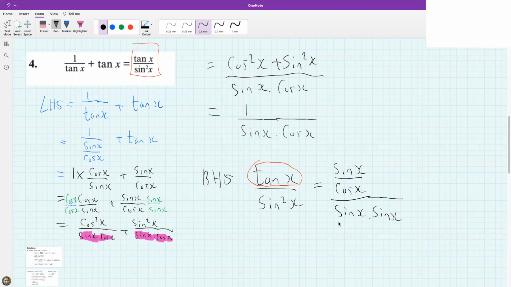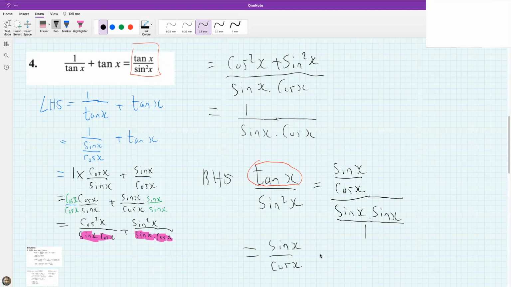But here is another, this is a bit of a tough one. I'll give you one more trick. If I had on the bottom sine x times sine x over 1, what can I do with that? I think I can use the top and times technique, where this becomes times 1 over sine x times sine x.